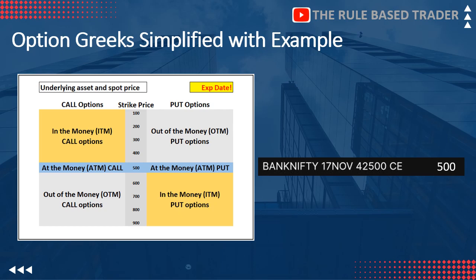Now, I have once again indicated a typical option chain here on the left hand side. On the right hand side, you can see, for example, I have taken from my previous slide screenshot itself, an options contract, Bank Nifty 17 November expiry for 42,500 strike, call option.